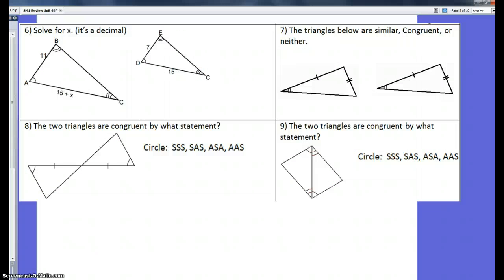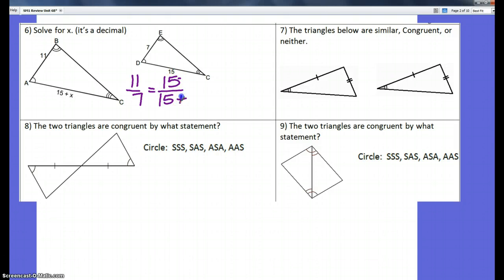Solve for x. It's a decimal or a fraction. So we would say 11 compares to 7 as, I can't really read those numbers, I need my paper. Yeah, it is a 15. 15 compares to 15 plus x. So we're going to cross multiply. 7 times 15 gives you 105, and if you multiply these two, you're going to have to distribute the 11.